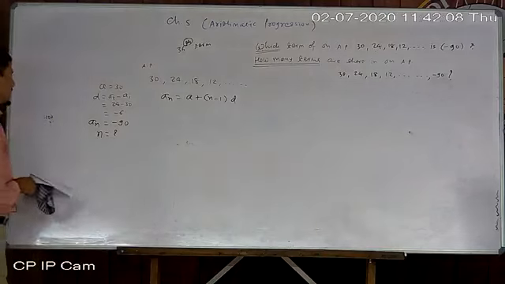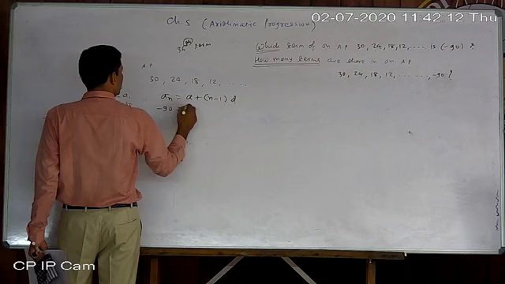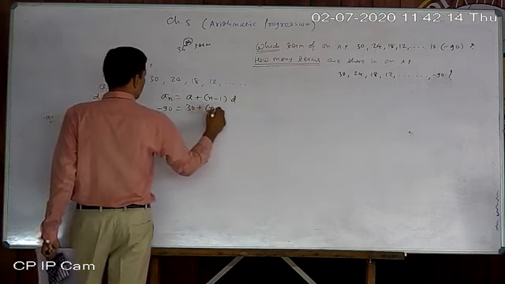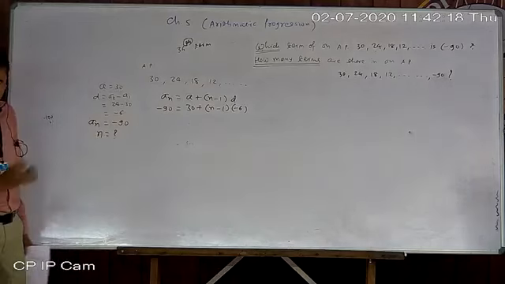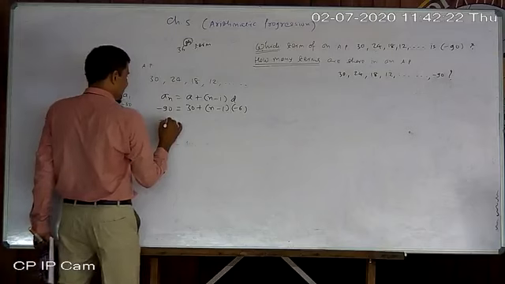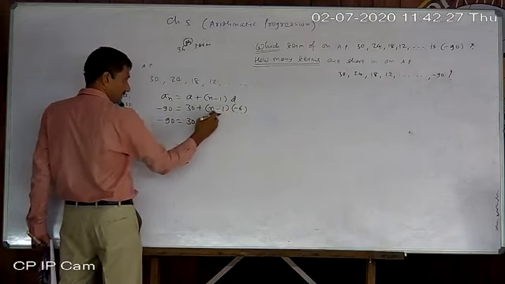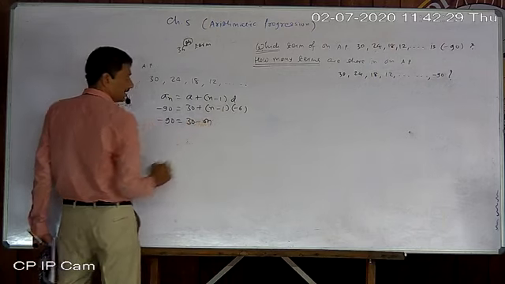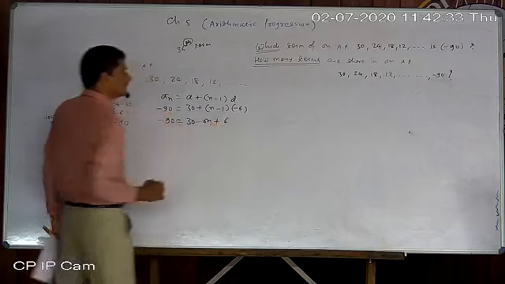Now write down the values. an is minus 90, a is 30, n is not given, d is minus 6. Same series, same AP, but here we go in reverse way. Now minus 90 equal to 30 plus (n minus 1) into (minus 6). Be careful here: minus 6 into n is minus 6n, and minus 6 into minus 1 is plus 6.